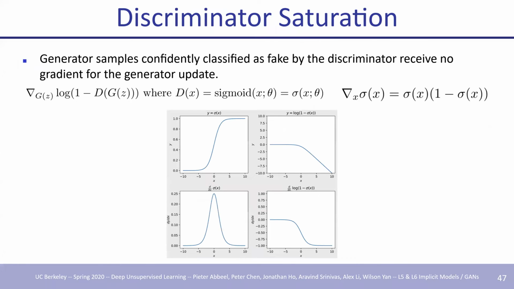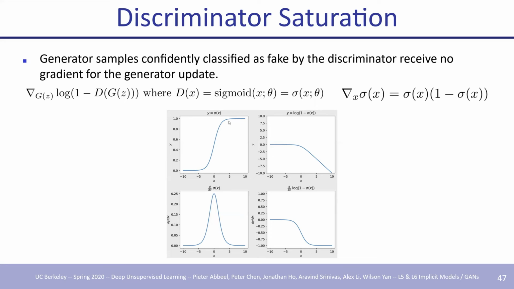And it turns out there's a problem called discriminator saturation. So once the discriminator is sure, it has no gradient and it won't change its mind. It just won't update itself. And this comes from the fact that the last step of the discriminator is a sigmoid.